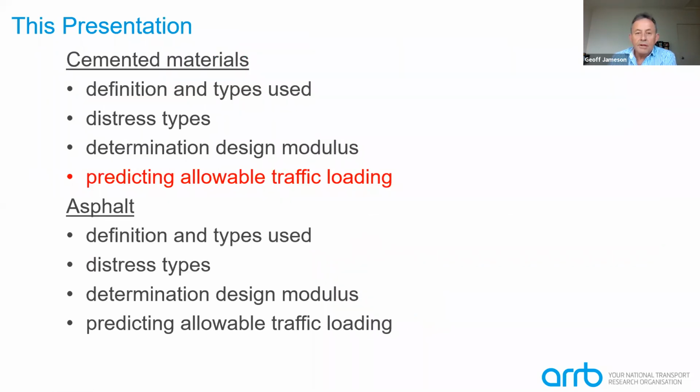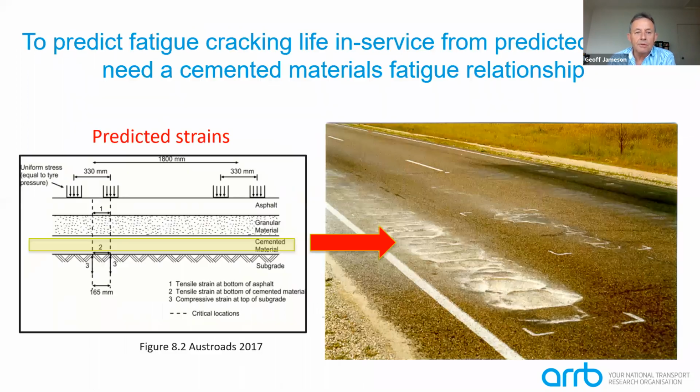So next we'll talk about, well, how do we estimate the allowable loading in terms of fatigue of cemented materials? So we have in our mechanistic model an ability to predict strains, and in the case of cemented materials, it's a tensile strain at the bottom of the cemented materials layer, because that's where the cracking starts, as I showed in an earlier slide.